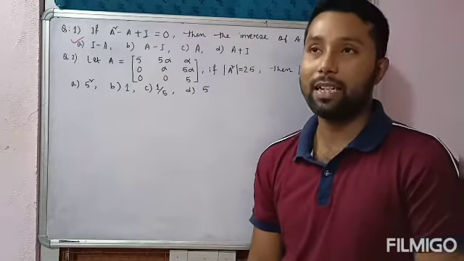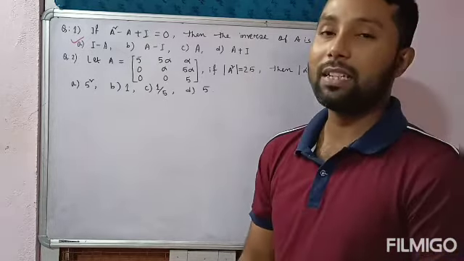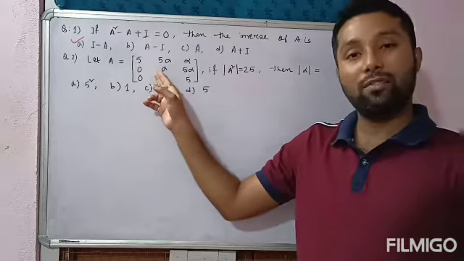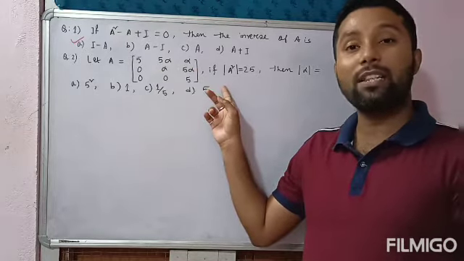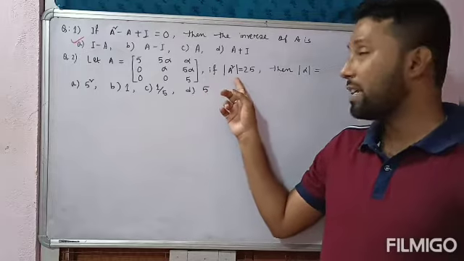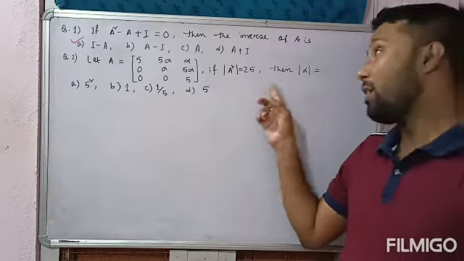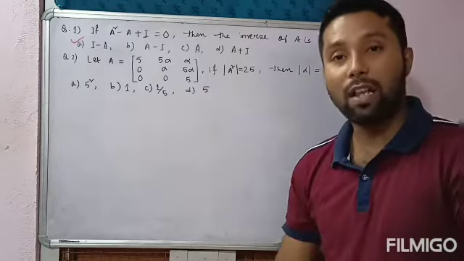Determinant is a number associated to a square matrix. So one matrix is given to us, along with the matrix the value of the determinant of A square is also given. You have to find determinant of alpha.